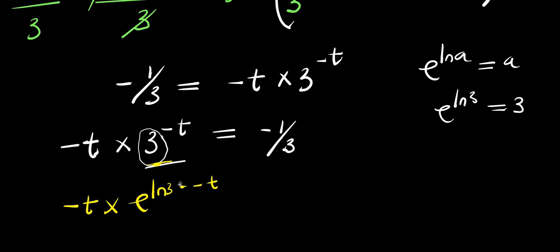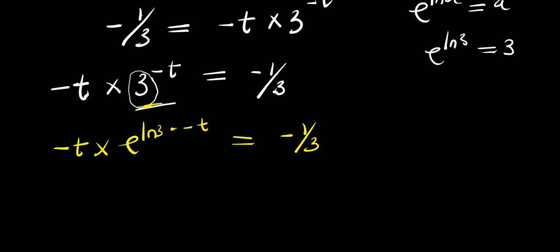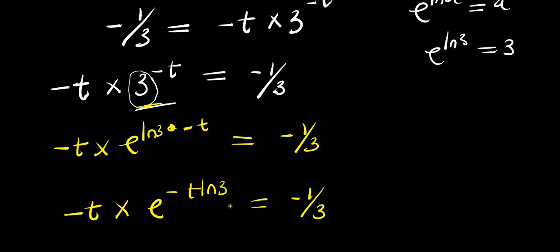So if we multiply that out, we are going to have negative t times e power negative t ln 3. Remember, you multiply this times negative t, right? So we have this, and this equals negative 1 divided by 3.